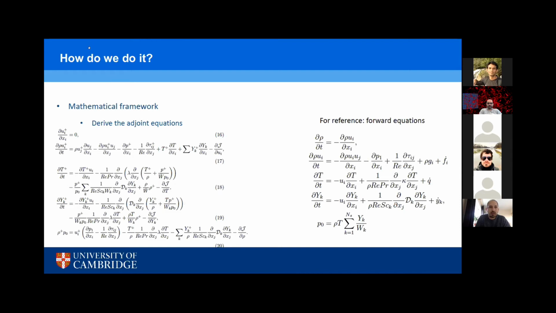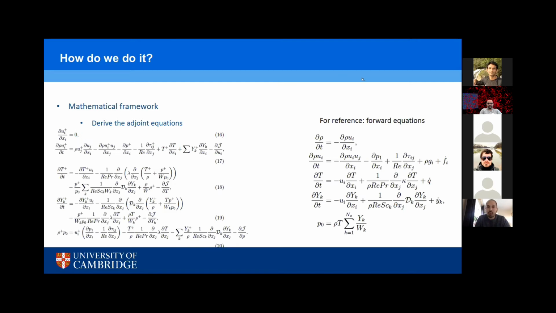Okay, I think everyone can see it. I've just kept the actual Low-Mach number equations for reference here on the right side as well, and I'll point out a couple of interesting facts that we get from these adjoint equations. So these are the adjoint equations. These are the equations that I will be implementing in XCompact3d. These are the equations that we will be solving in order to obtain sensitivity gradients.